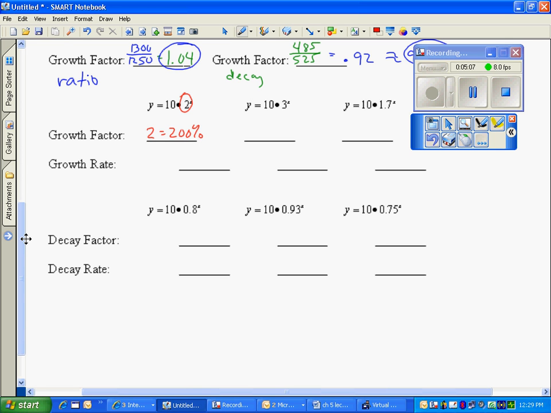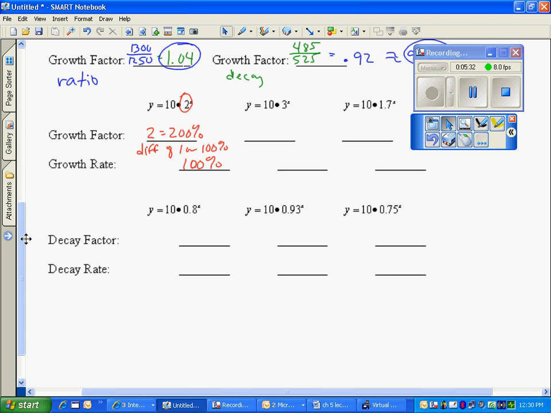It means if I'm in the room, I'm going to grow 100% of myself. So one of me is going to walk in and I stay in, so my multiplier is 2. For instance, again, if I have 5 people in the room and we're growing by 100%, each of those 5 people get a new person. Now I'm up to 10. I doubled. So notice my factor says I'm doubling or multiplying by 2.